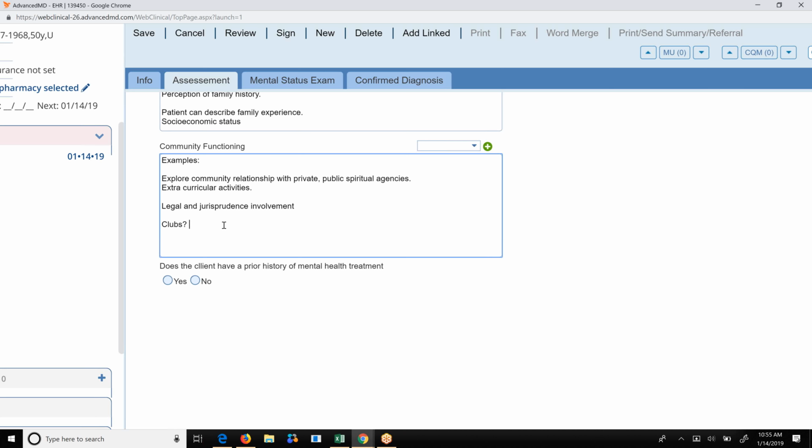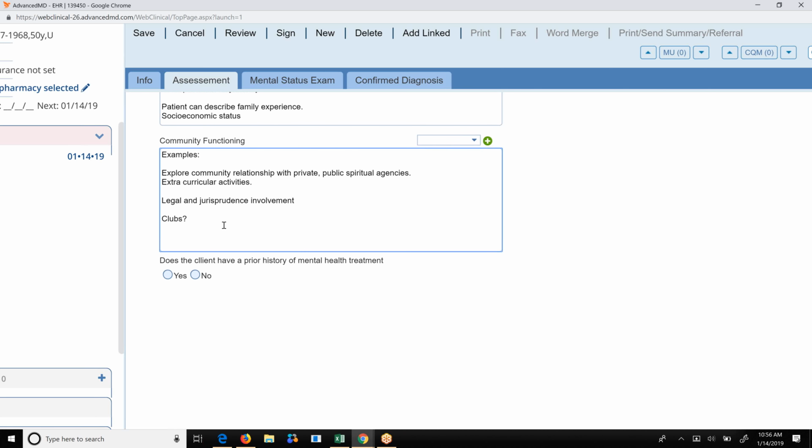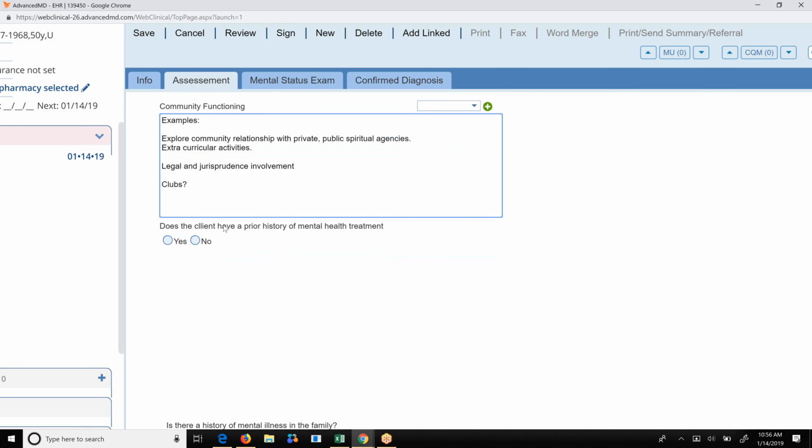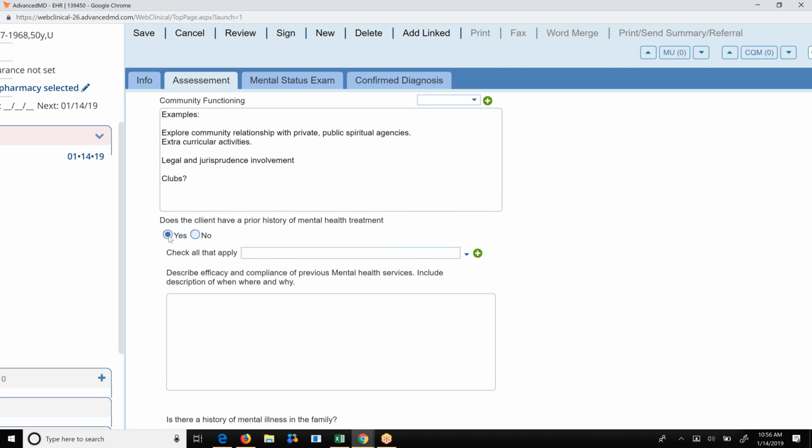Again, community functioning, the things that we identified. Does the client have a prior history of mental health treatment? If that's a yes, then when was it? Where was it? What was it for?